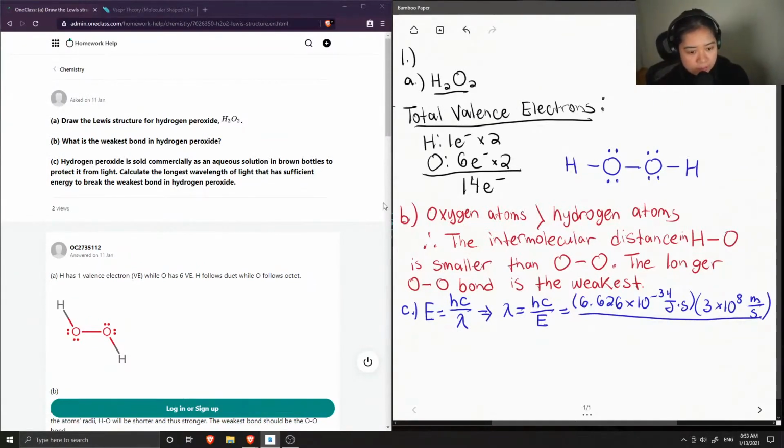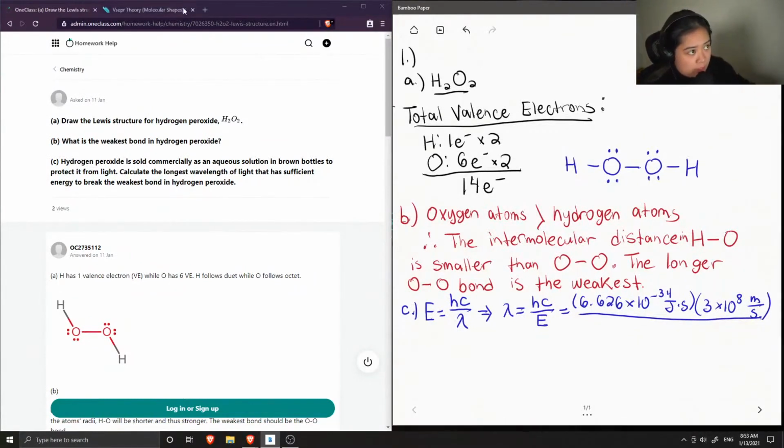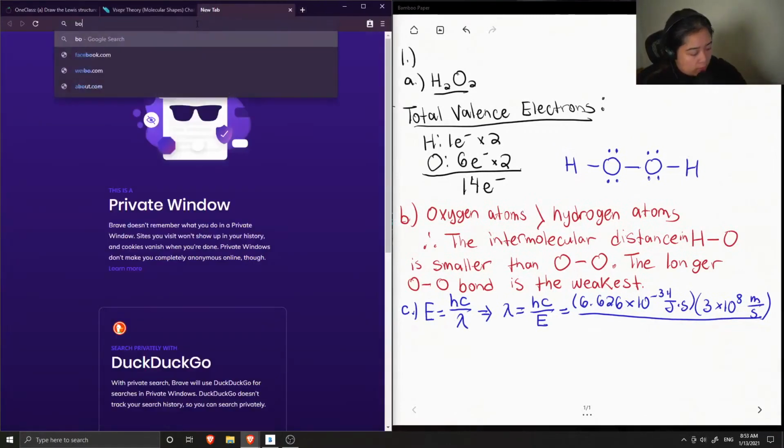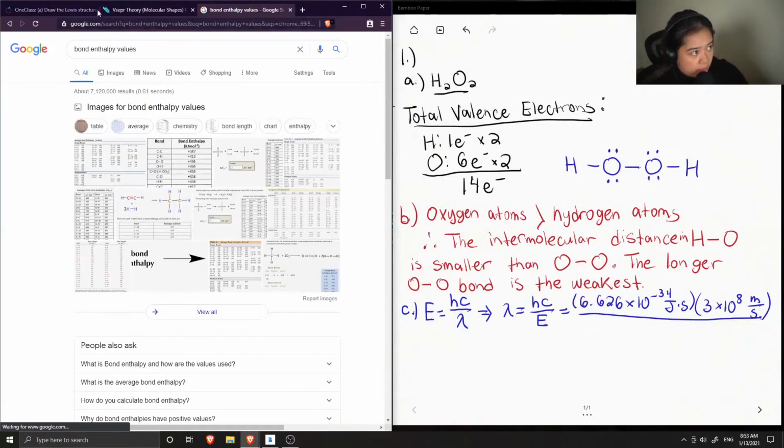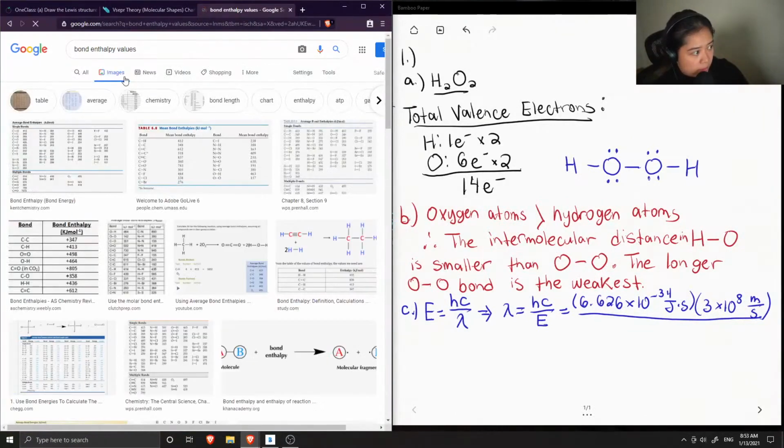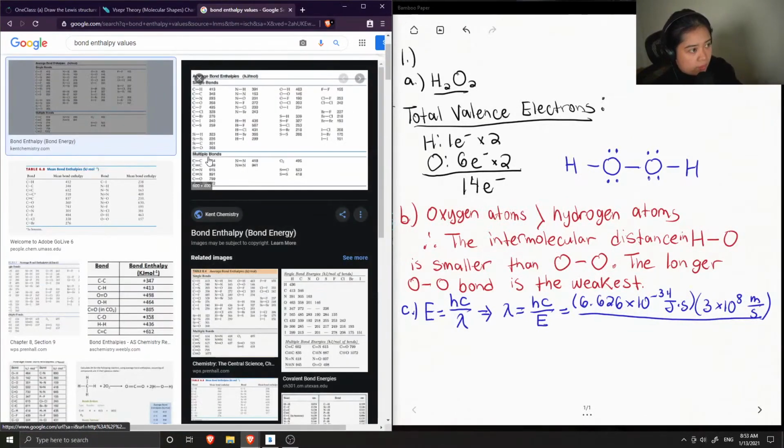Okay, so now for E, we need to find the bond enthalpy of the two oxygen atoms. So I'm just going to look it up on Google. So the bond enthalpy between two oxygen atoms is found here, so it is 146 kilojoules per mole.